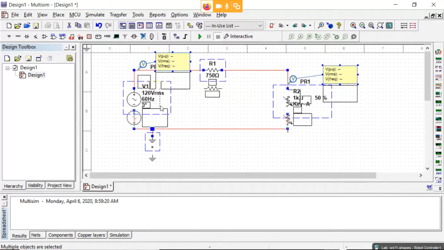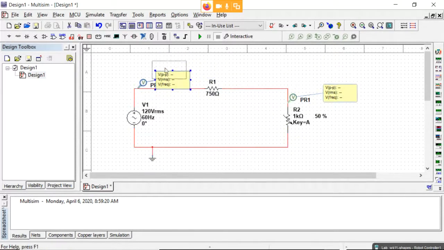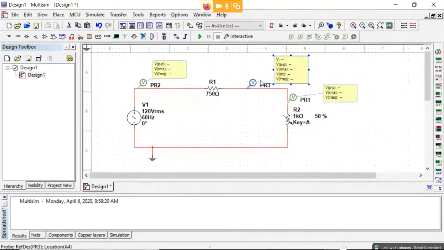Grab the entire thing so I can get this up a little bit. When you grab a probe, once you get the probe set to the values you want, it just works better to copy it, because if you grab it again, then you have to go back through and deselect things you don't want.